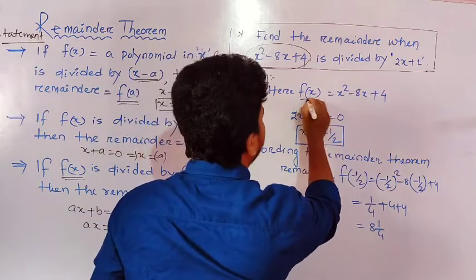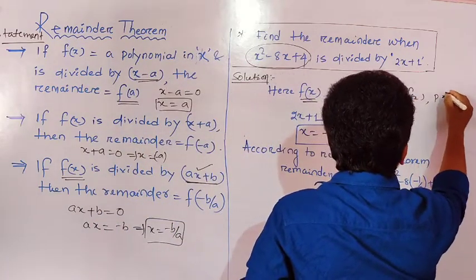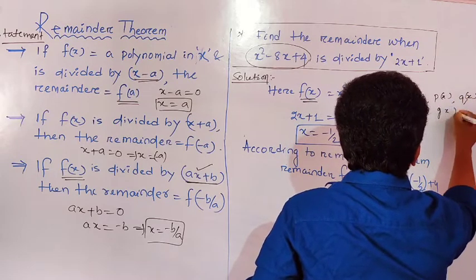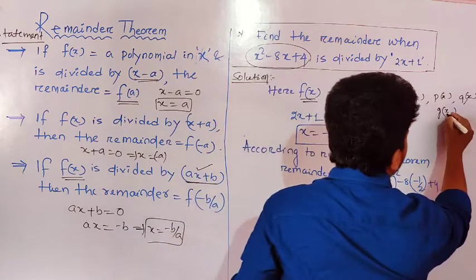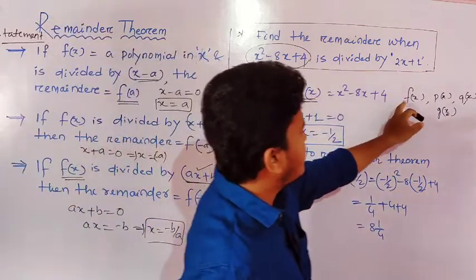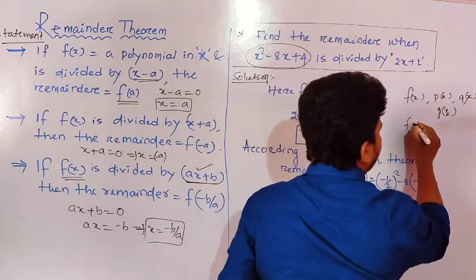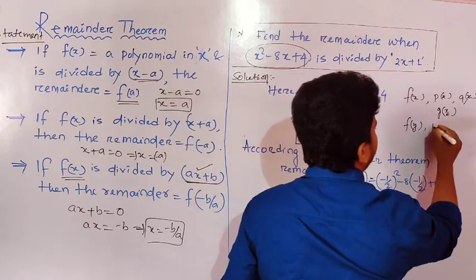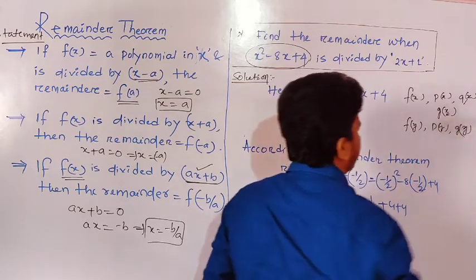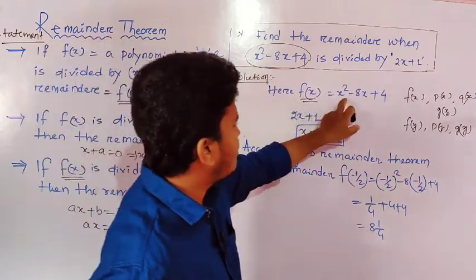We can denote the dividend as f(x), p(x), q(x), g(x) if the variable is x. If the variable is y, then we denote f(y), p(y), g(y), like this. Here the variable is x, so f(x) equals x square minus 8x plus 4.